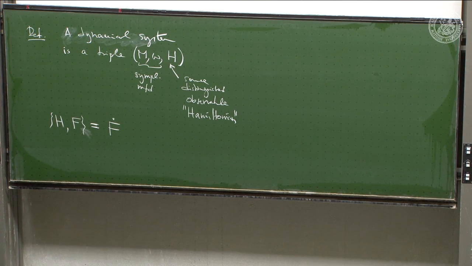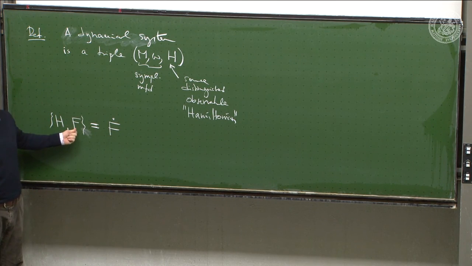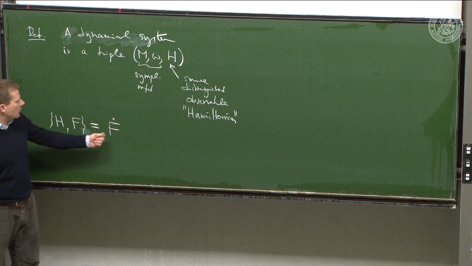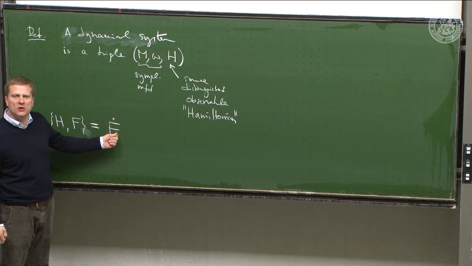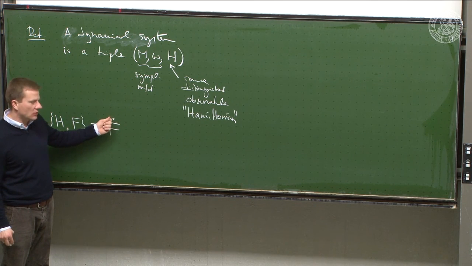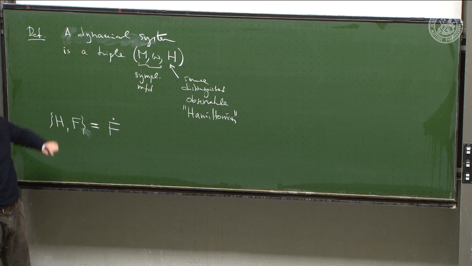f dot equals {H, f}. This then defines how the observable changes in time, so you can make the observables time dependent. Okay, so obviously, well, we did this in the statistical mechanics course. So far, there was no time dependence anywhere. Now obviously here you're thinking about an observable evaluated along a particular curve in the symplectic manifold, and this dot acts on this curve. Okay, so as written with what we wrote before, it makes no sense.